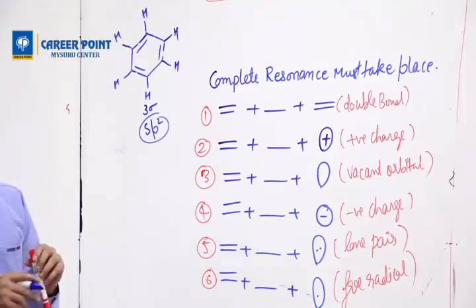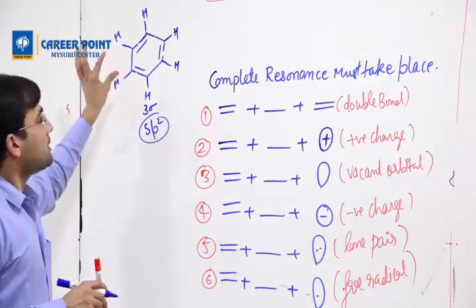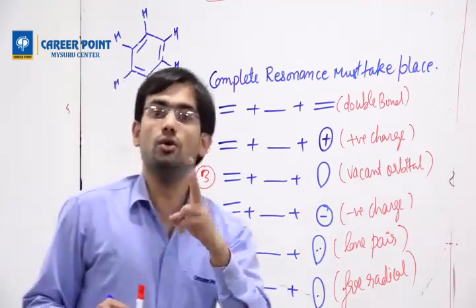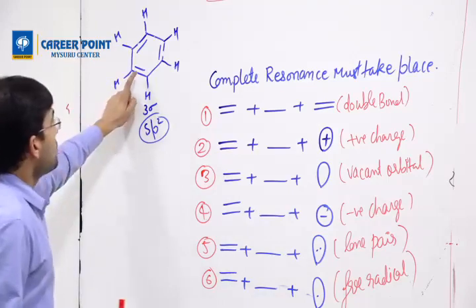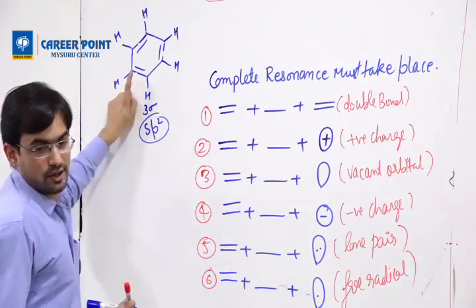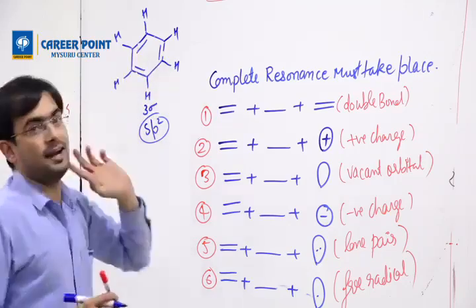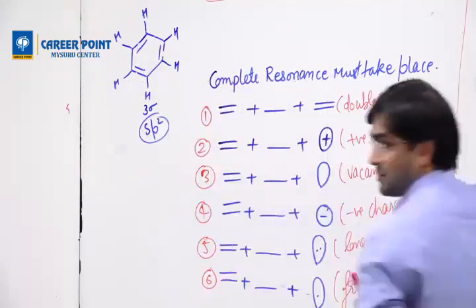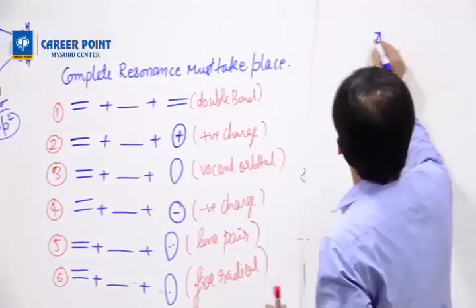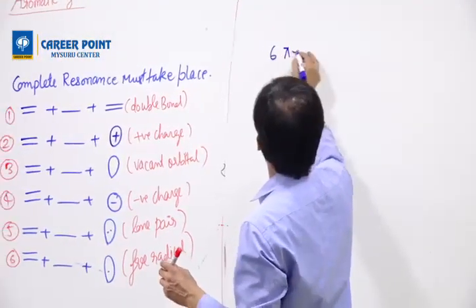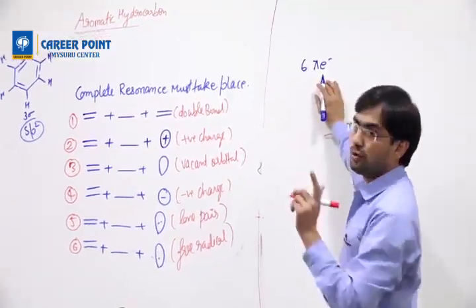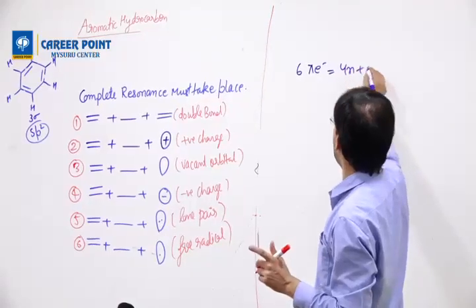Each pi bond contains 2 electrons, and you count only those pi bonds involved in resonance. So 1 pi bond, 2 pi bonds and 3 pi bonds, giving 6 pi electrons. 2, 2, 2, which equals 4n plus 2.